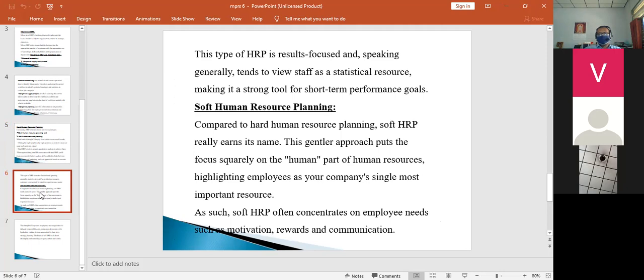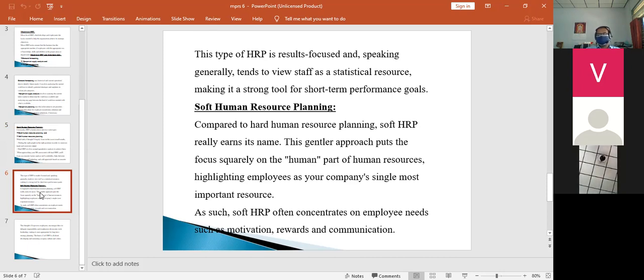this type of HRP generally tends to view staff as a statistical resource, making it a strong tool for short-term performance. So, as you discussed in previous classes, there will be long-term performance goals as well as short-term performance goals. What do you mean by long-term goal and what do you mean by short-term? So simply, a long-term goal in the sense, the duration will be more.